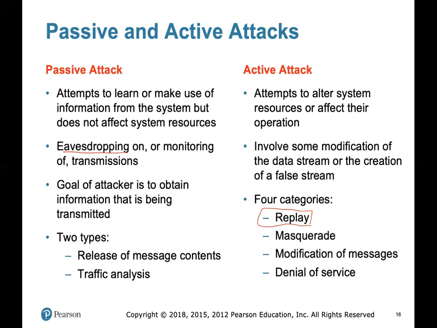I am the adversary, I'm an attacker. I listen to the packets that you have sent, I save them somewhere, and once you're done, I send them on my own, and I introduce myself as you. So this is a replay attack, and of course it is an active attack.